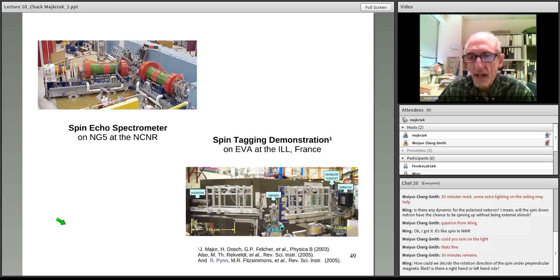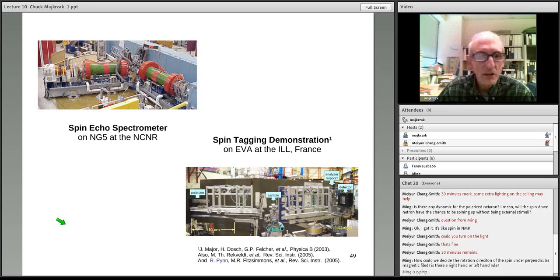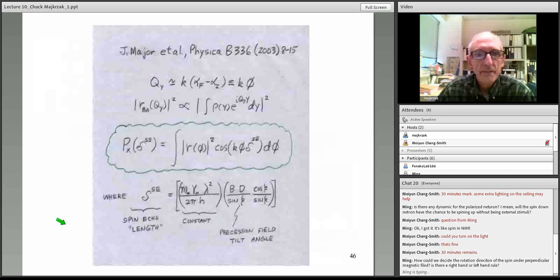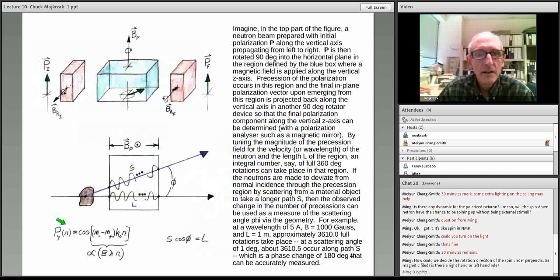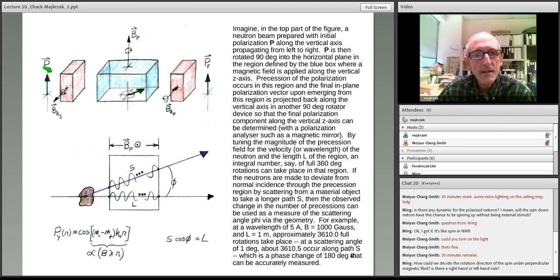I'll repeat the question. How could we decide the rotation direction of the spin under perpendicular field? Is there a right-hand or a left-hand rule? Okay, let's go back. If you look here, when we rotate the polarization down into the horizontal plane, as it rotates in here, we don't know what angle it comes out at a priori, for example if we don't know the magnitude of the field or the object that we're interacting with, but it comes out at some angle.